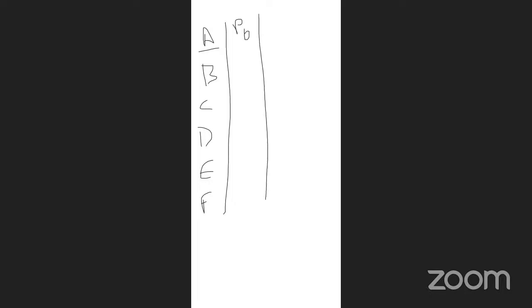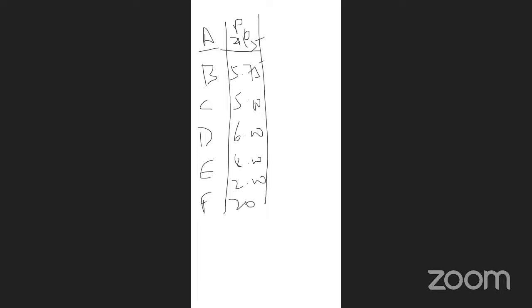First, he gave us the articles: A, B, C, D, E, and F. The next, he gave us the price of 2015, treated as P0: 5.75, 5, 6, 8 rupees, 2 rupees, and 20 rupees.